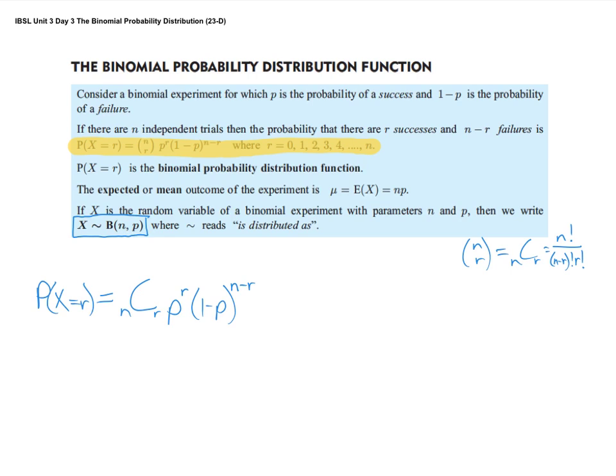The number of successes is going to be distributed based on certain probabilities: the probability of x being 0, x being 1, x being 2, all the way up to n. Those values are going to be distributed according to the number of trials and that probability. And then to calculate each individual one, we're going to use this formula down here. Each individual probability, like the probability of getting no successes, or 1 success, or 2 successes.